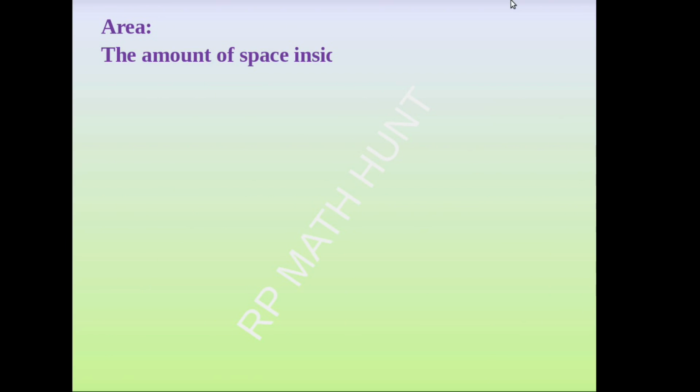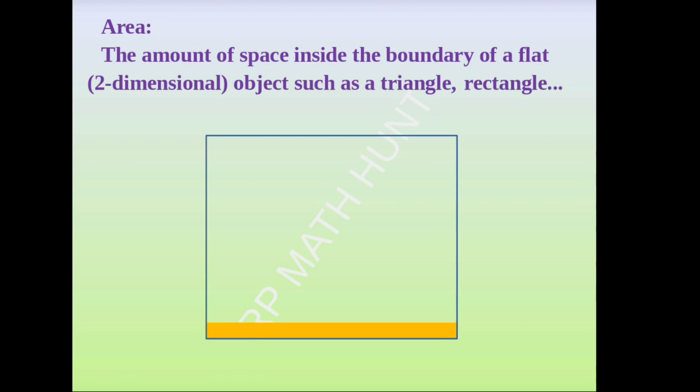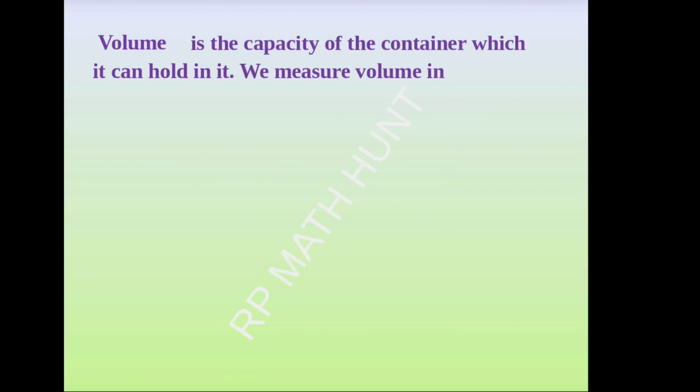Area is the amount of space inside the boundary of a flat two-dimensional object such as a triangle, rectangle, etc. Volume is the capacity of the container, which it can hold in it. We measure volume in cubic units.